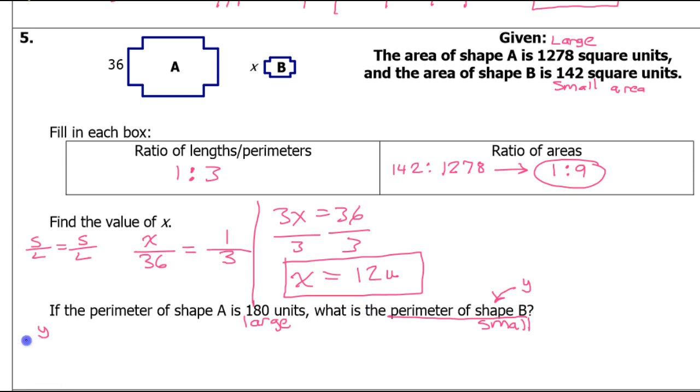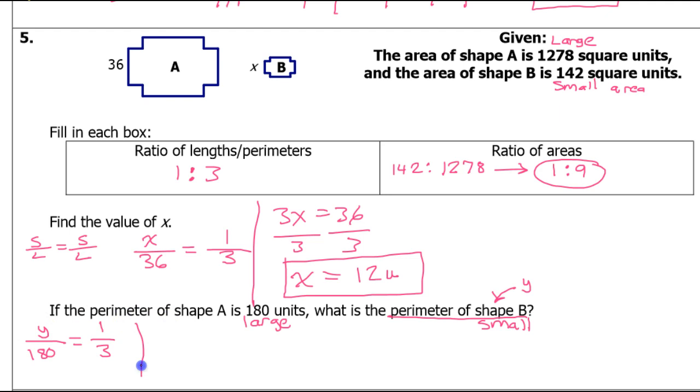So we will have y over 180. That's small over large. And for the other fraction, we need the scale factor. Obviously, since we're talking about perimeter, we will use the length and perimeter scale factor of 1 to 3.